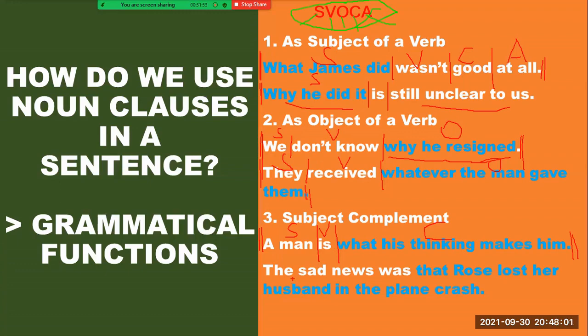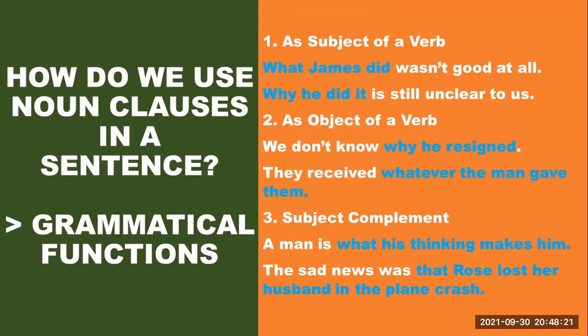Then the second example, the sad news was that Rose lost her husband in the plane crash. Now, again, let's begin the analysis with the first element of this sentence.